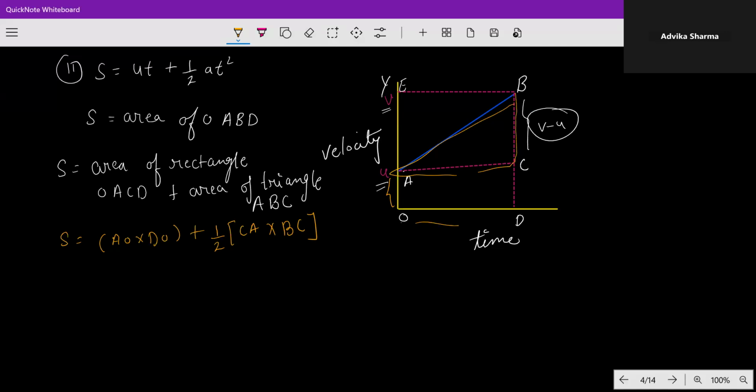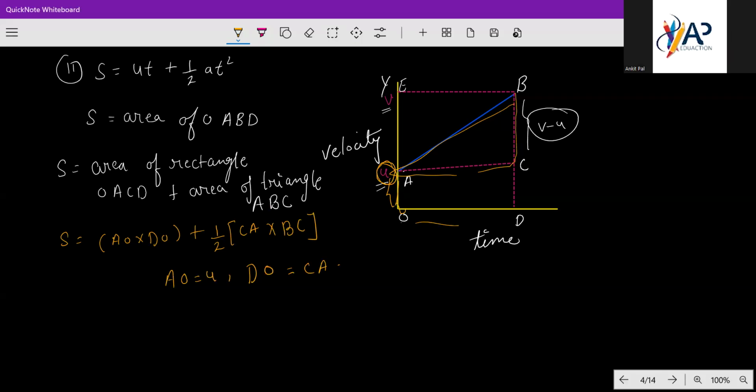Yes. Very good. Now we say that AO is u, and CA is equal to t, because on the x-axis we take time.